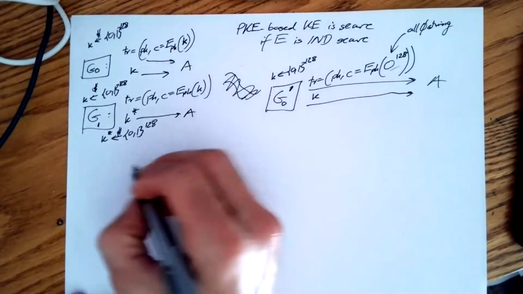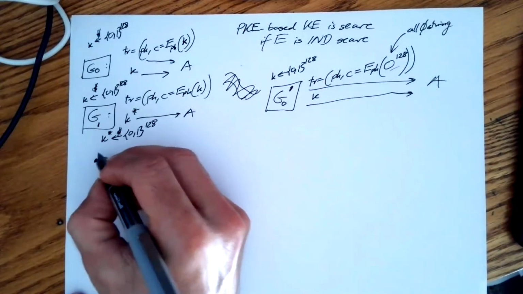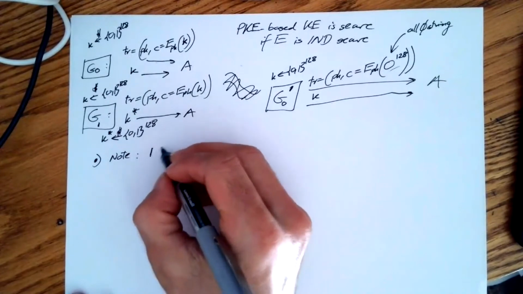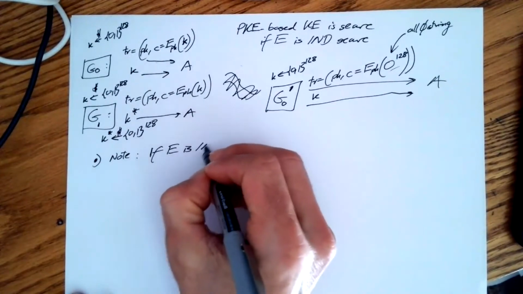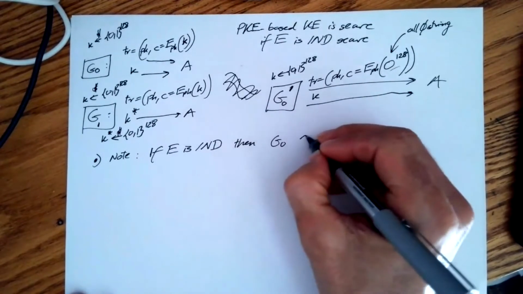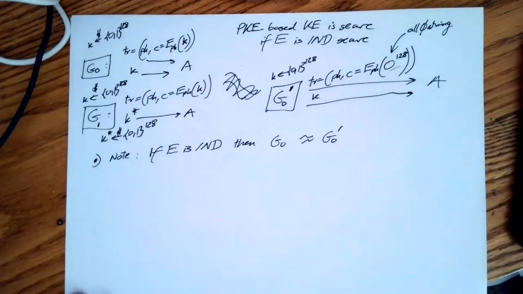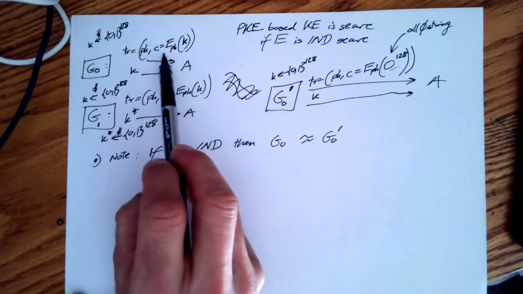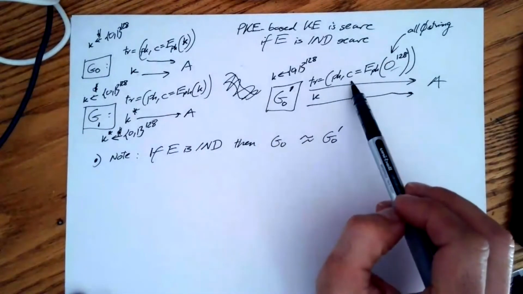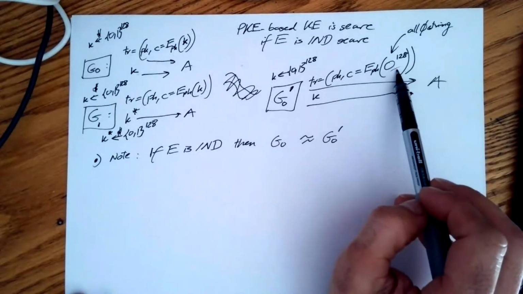Now, first thing to note: if E is indistinguishable, then G0 is indistinguishable from G0 prime, right? So that was the reduction I was hand waving in the last slide. The only difference here is this ciphertext: encryption of K, or encryption of an all-0 string.